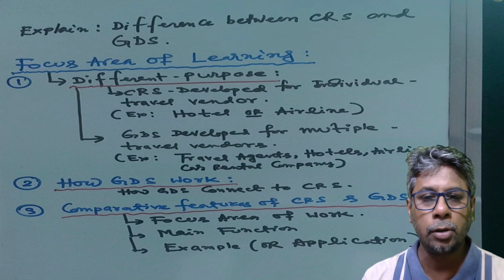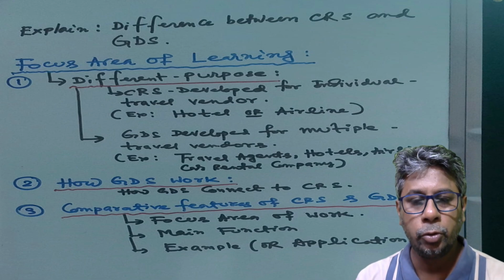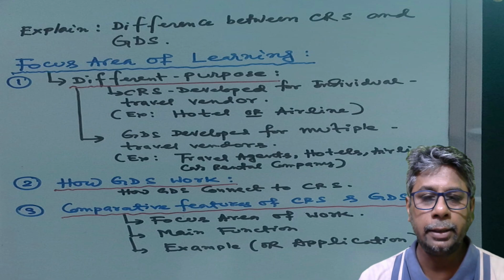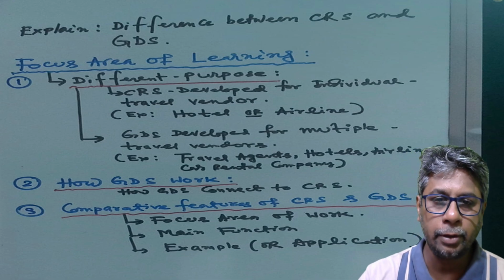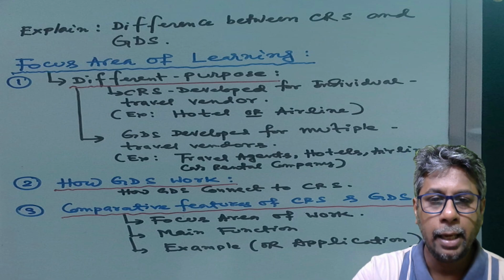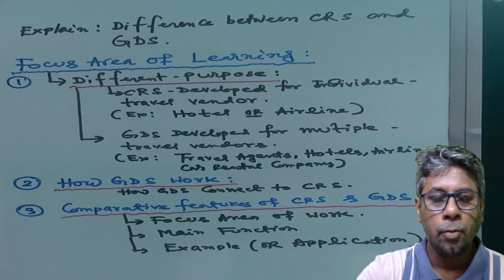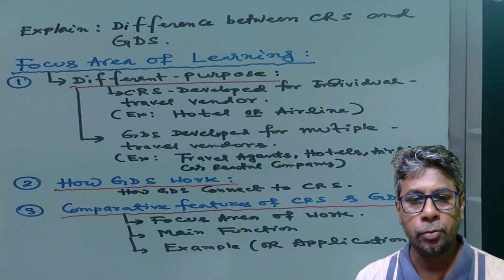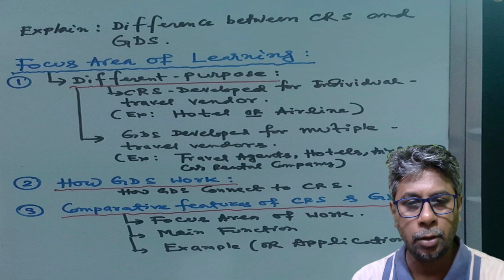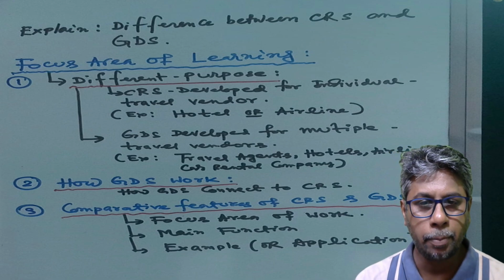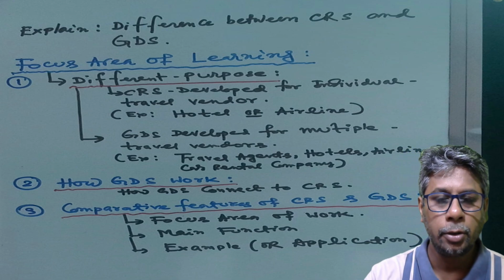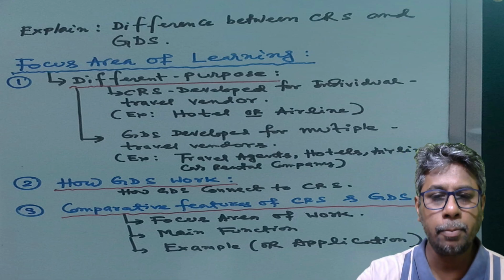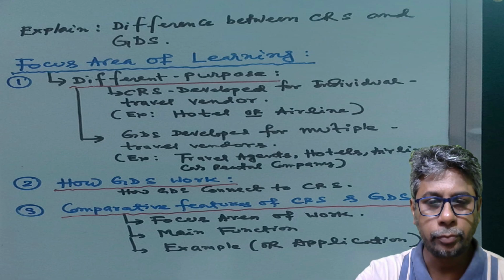So what are the focus areas for learning? Today we are going to learn the different purposes of CRS and GDS systems. CRS was developed for an individual travel vendor, for example a hotel or airline.